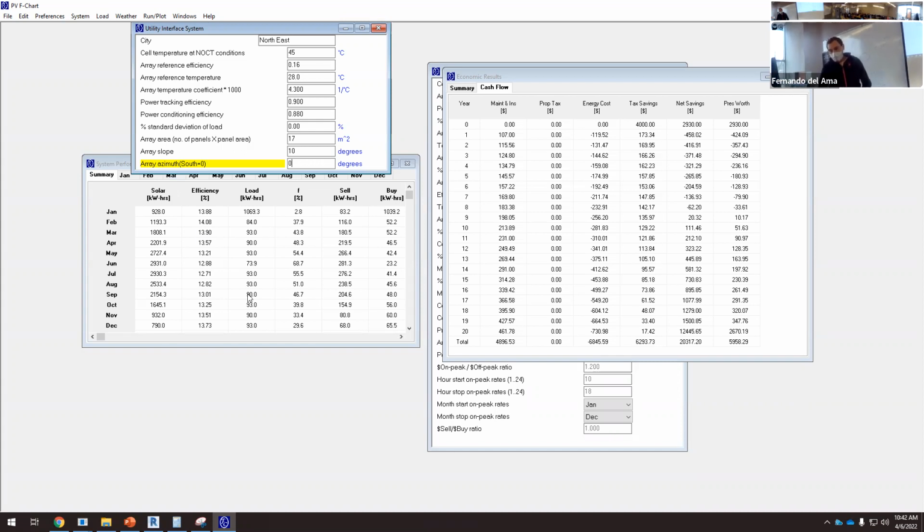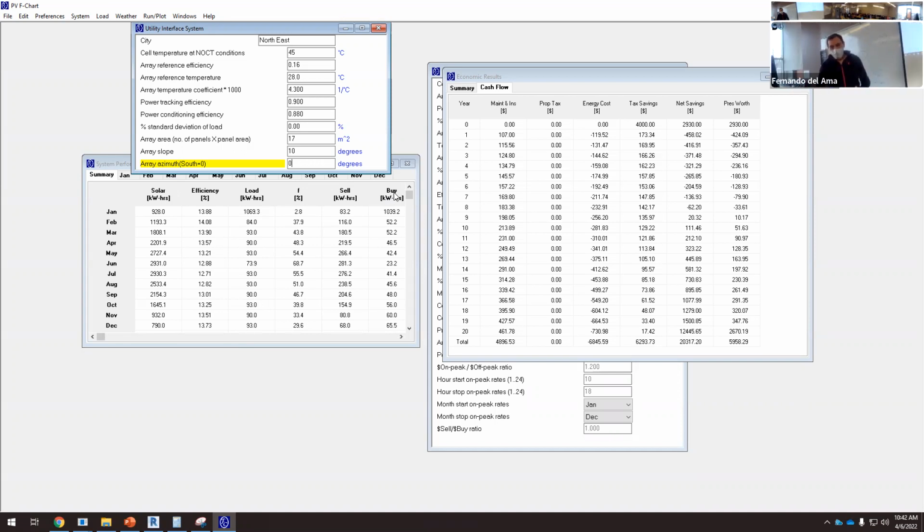And what's the total load? Well, basically, this is what we have to understand now. We have the percentage, we have the energy that we sell, and the energy that we buy.